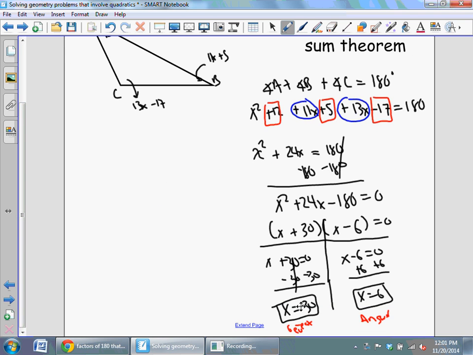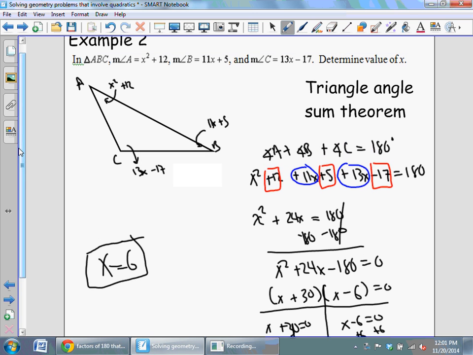So I reject the negative answer because of that. So the answer is x equals 6. Because when I plug 6 into each one of these here, it will give me positive angles. So this is the answer.